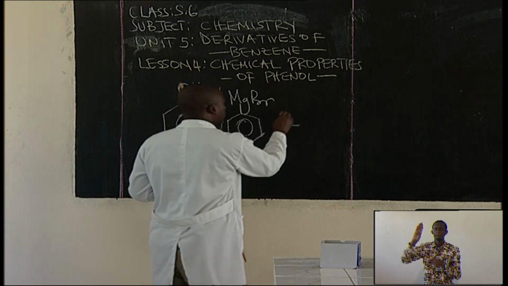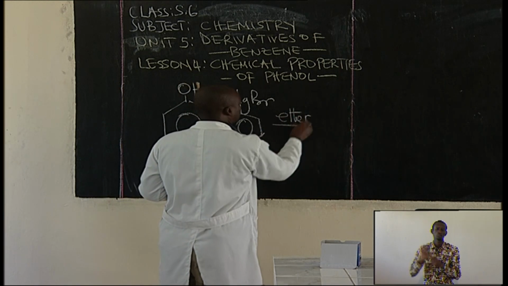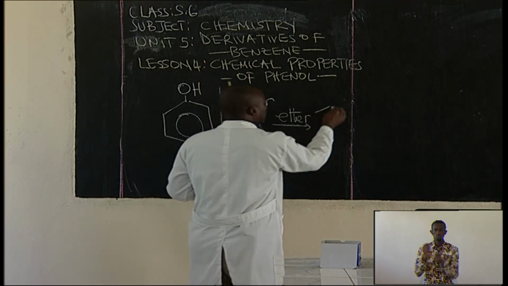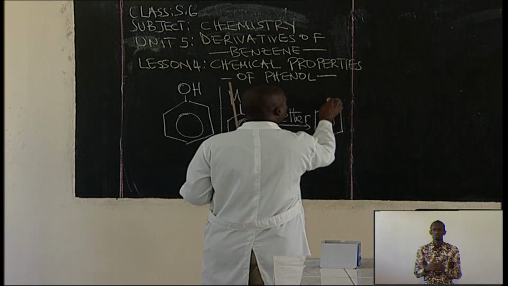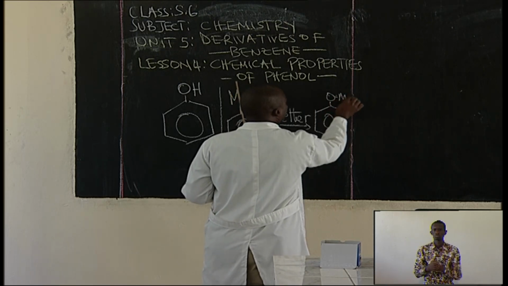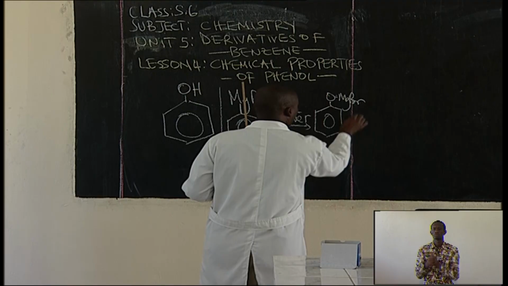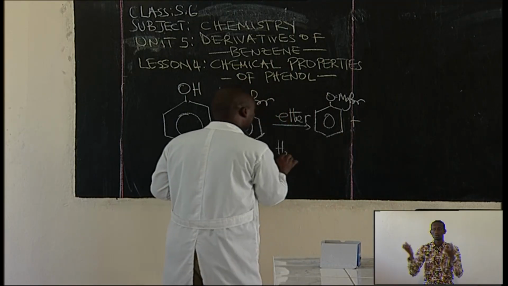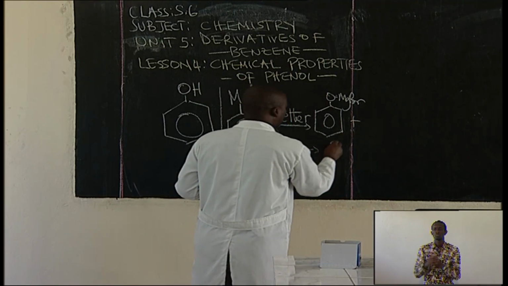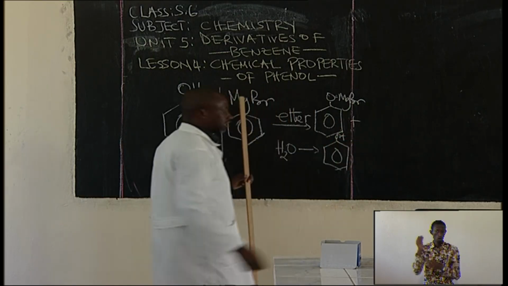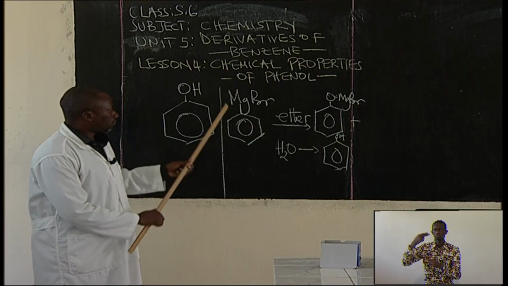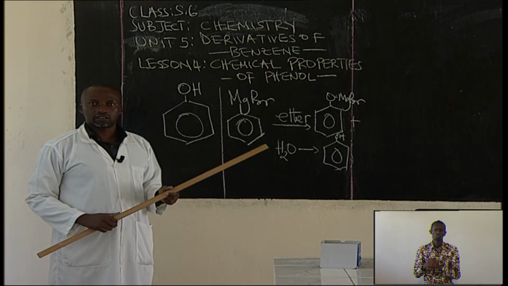When put into ether, reacted with ether as the solvent, it will form the intermediate, which will react with water to form the phenol. That is one of the methods that we looked at: phenol from this Grignard reagent.